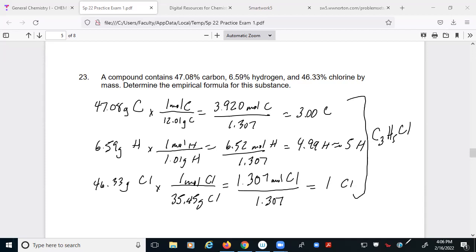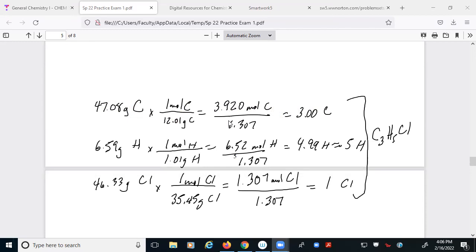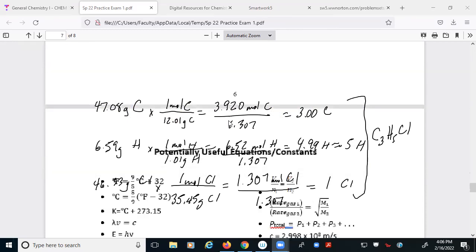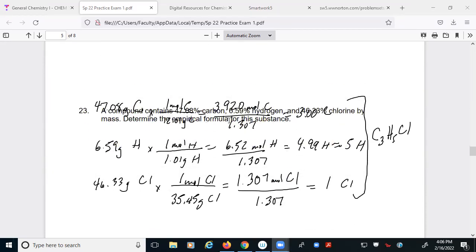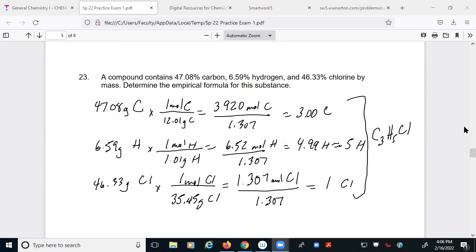Now, this problem doesn't ask specifically for a molecular formula. If it did, we would have to be given a molar mass of that molecular formula.